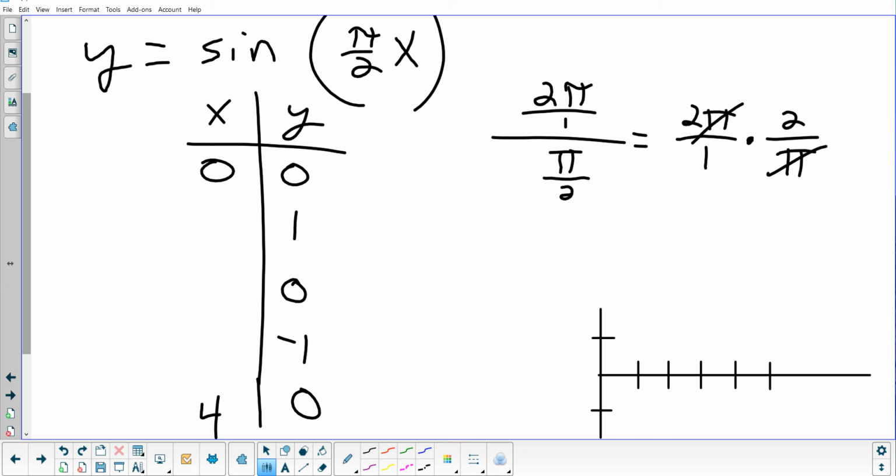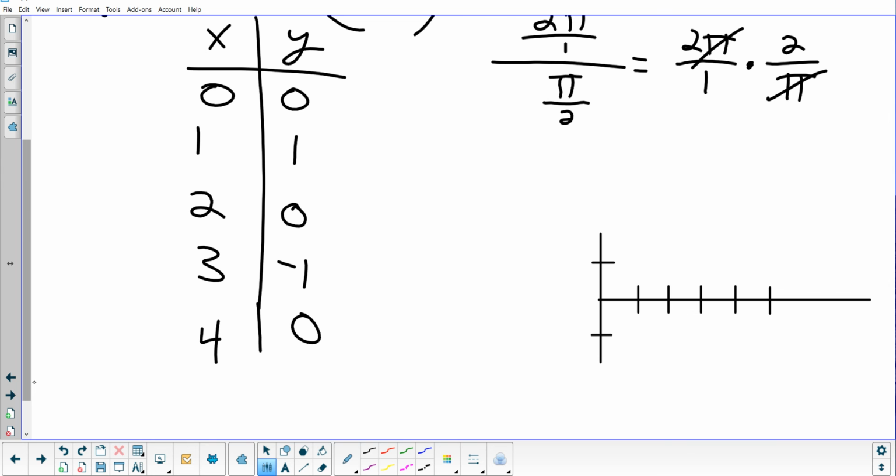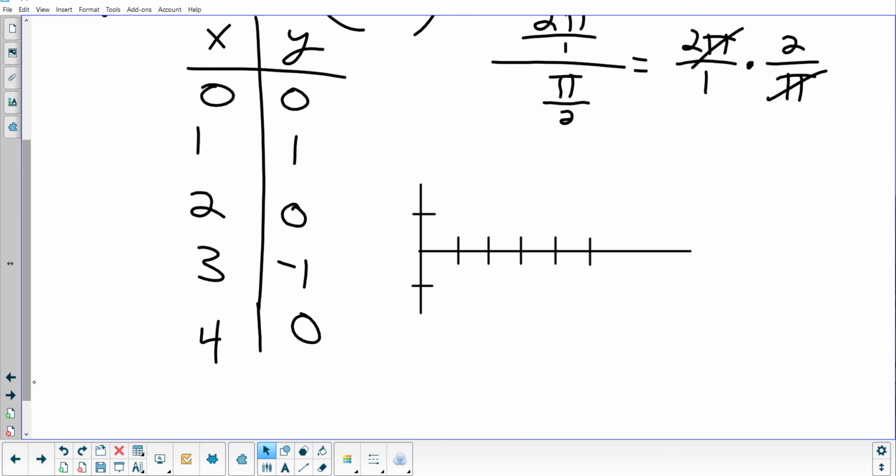So now, what's my third x coordinate? 2. My second x coordinate? And this one? 3. So those are your x values. Now, technically, if you don't label your axes, what number do we always assume you're going by? 1s. And you could leave labels off this problem and it would be right, because we are going to go by 1s.